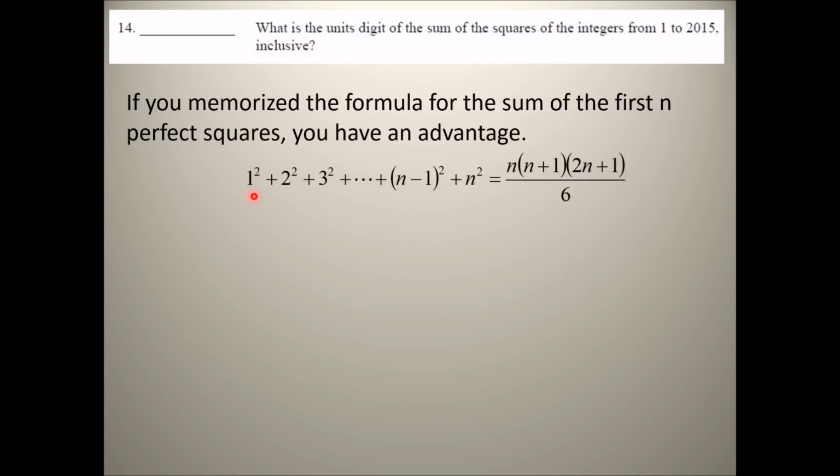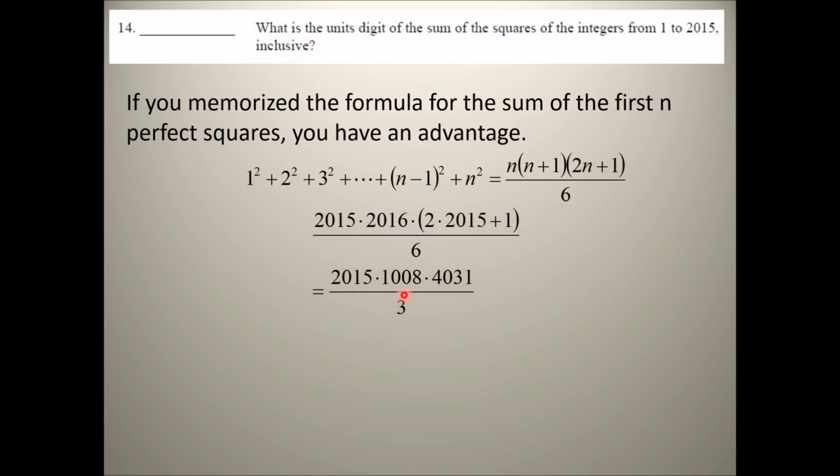We have 1 squared plus 2 squared plus 3 squared all the way to n squared, and that is the same as n times n plus 1 times 2n plus 1 over 6. In that case, you take 2015, which would be n, and you substitute it in.